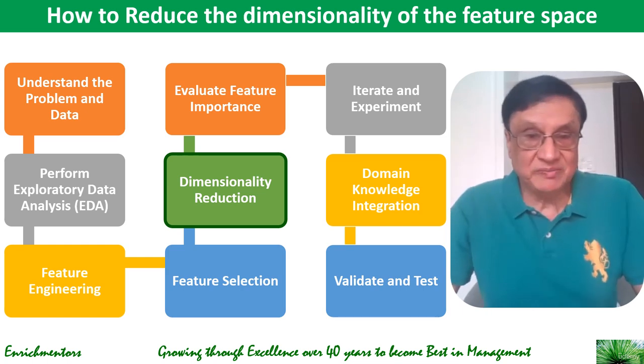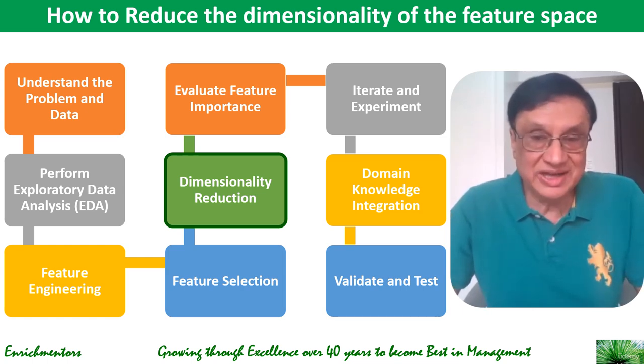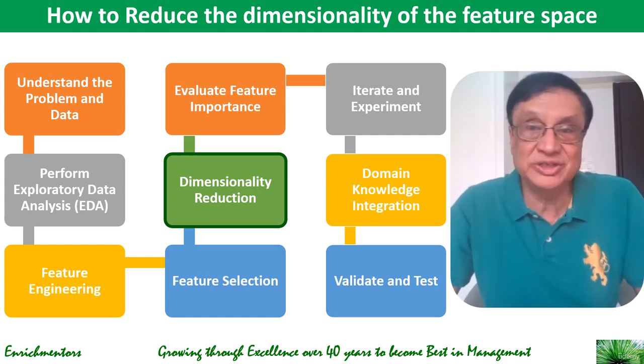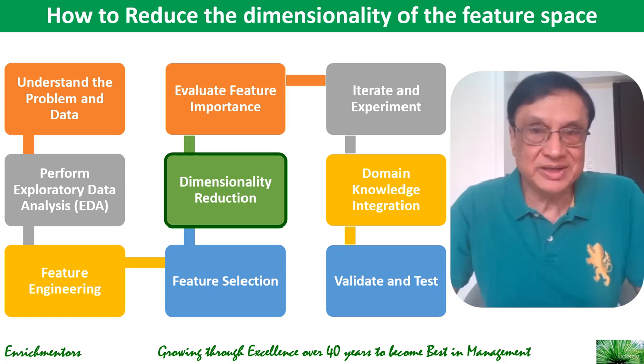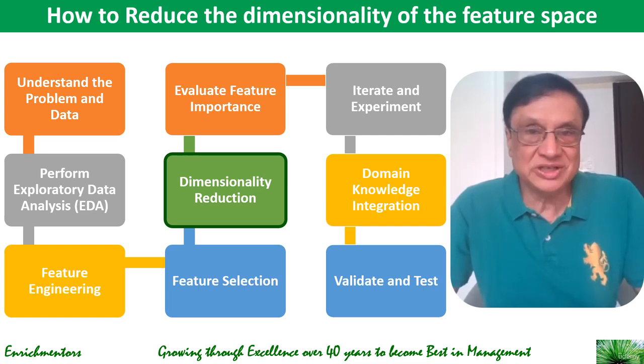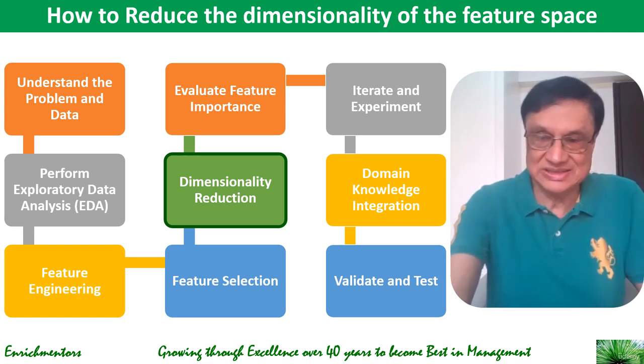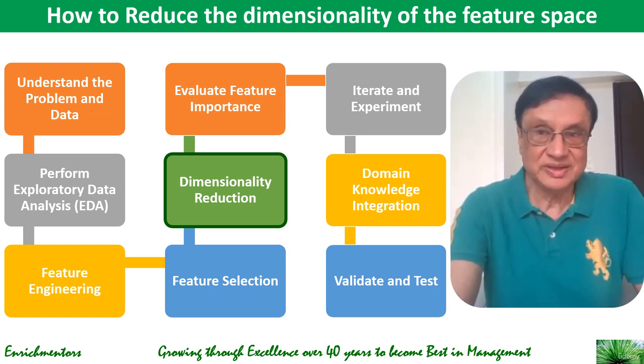And the brainstormed features, then we selected some important features, and in this we are further reducing these dimensions to probably the most optimal number of dimensions that can explain as much information as possible with as few dimensions as possible. So how to do that is the question.